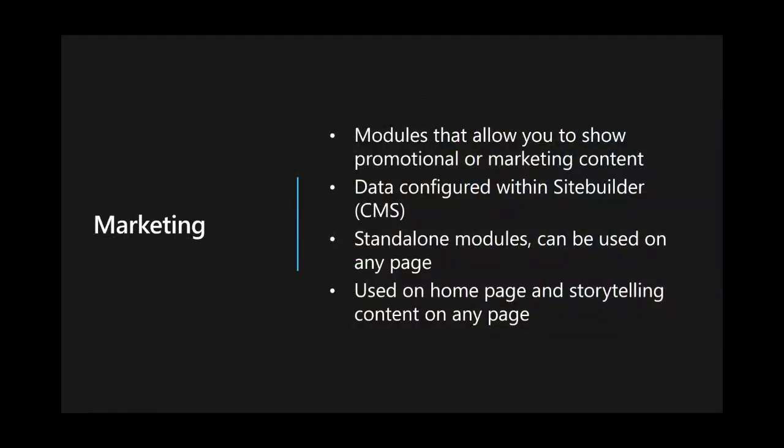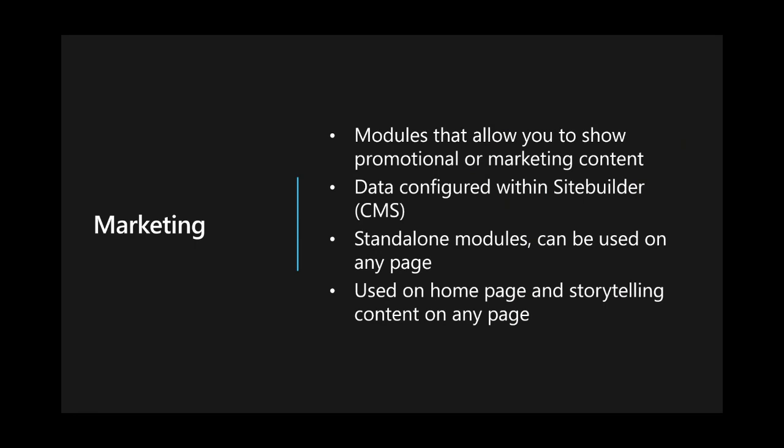The next section we're going to talk about is the marketing modules. These are modules that allow you to show promotional or marketing content. These are modules that can be configured within Site Builder, so they're standalone modules. You can configure a heading, paragraph, link, images, video.